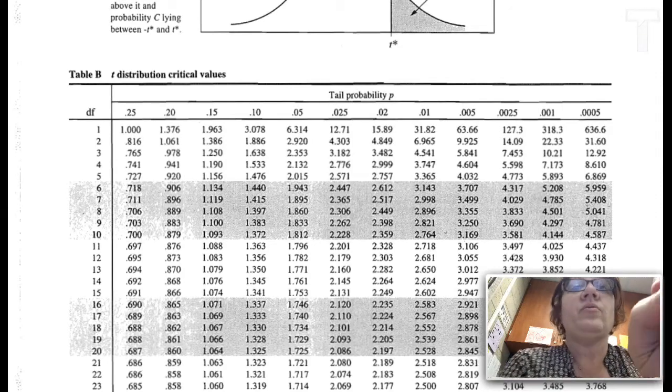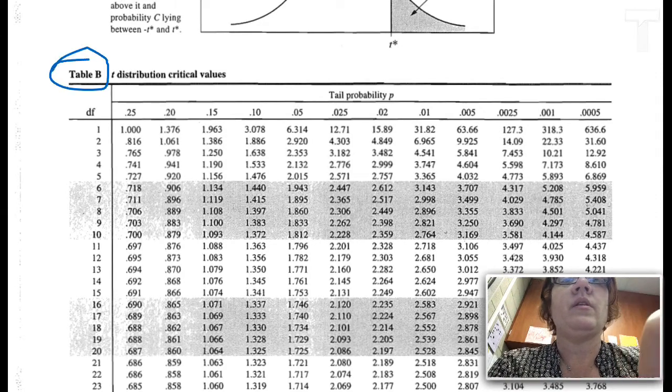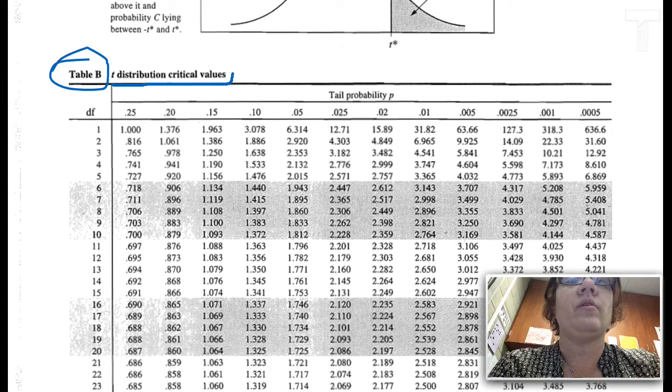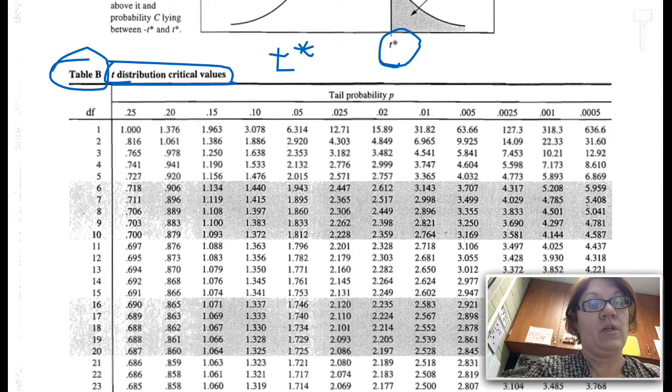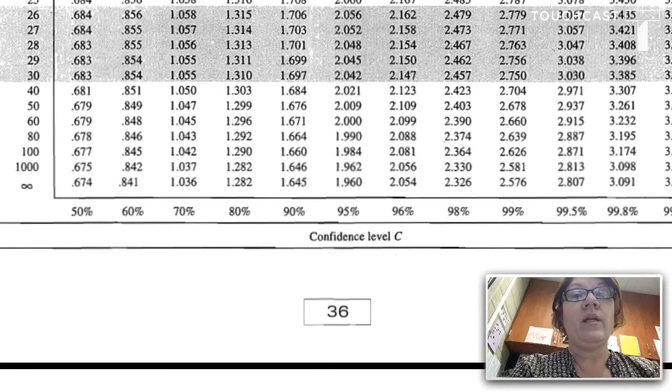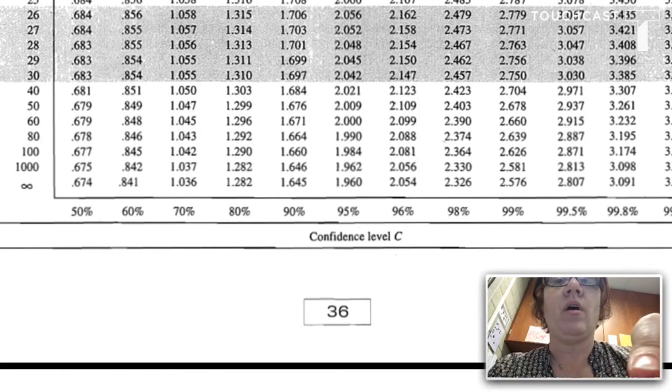Now I want you to go to table B and notice that this is called the T distribution critical values. So in other words, this is my T star. You can see that in the image up there. And I want you to look at the bottom of it. Now in some tables they won't actually call this infinity, they'll actually call it Z star.